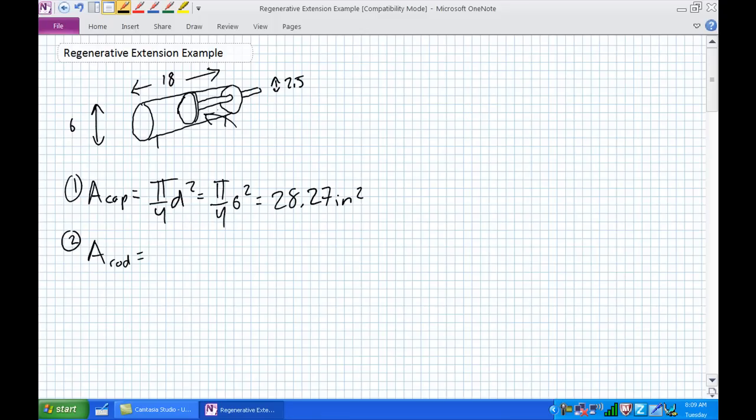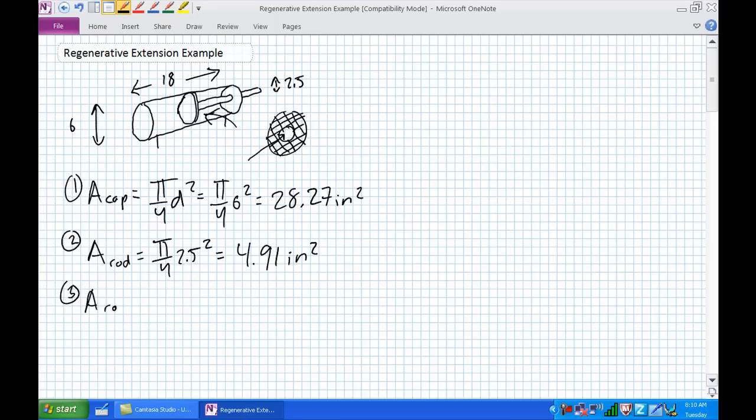Because if you look at this side right here, it's the area of the cap minus the area of the rod. The functional area is smaller in this annular ring because the area of the rod is removed. Okay, so let's figure out first off the area of the rod. The area of the rod, pi over 4, 2.5 squared, is going to give us a value of 4.91 inches squared.